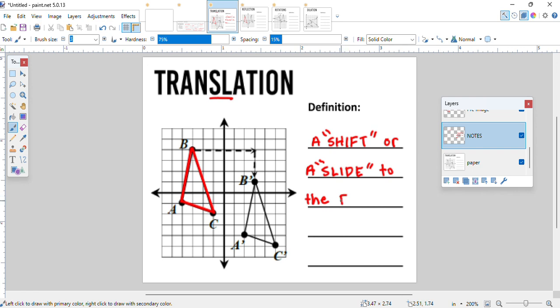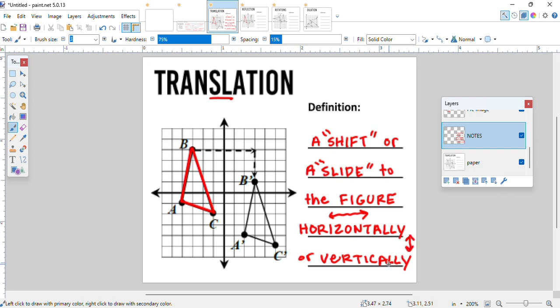So we are taking our pre-image and moving it either horizontally, which is left and right, left to right or right to left, either way, or vertically, and that's either up or down, right?